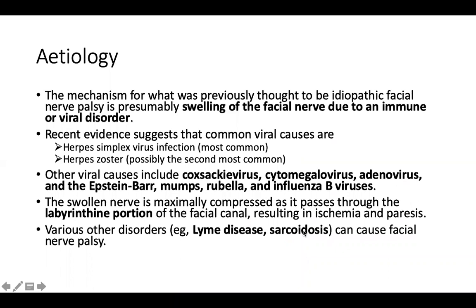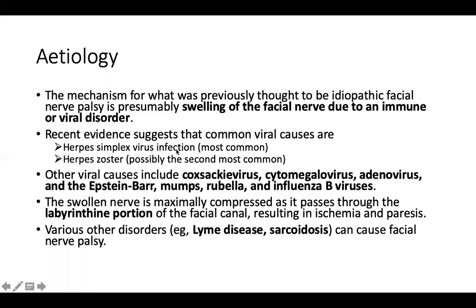So let's talk about the causes. What causes this nerve to paralyze? As I said earlier, initially it was thought that the cause of facial nerve palsy is not clear to scientists, and it was therefore called idiopathic. But thanks to various researches, the cause of facial nerve palsy is currently known, and it's presumably swelling of the facial nerve due to an immune or viral disorder.